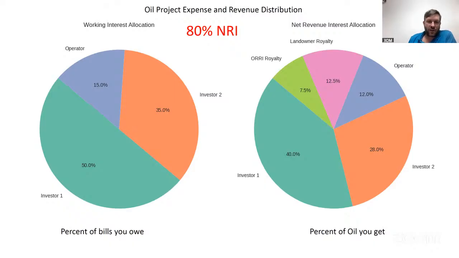So this pie chart explains if you were investor number one in the oil well, you'd be paying 50% of the costs, and you'd be receiving 40% of the oil at an 80% net revenue interest. What that means is you want to have the biggest slice of the pie, and in order to do that, you're going to want to invest in projects where you receive a high net revenue interest.